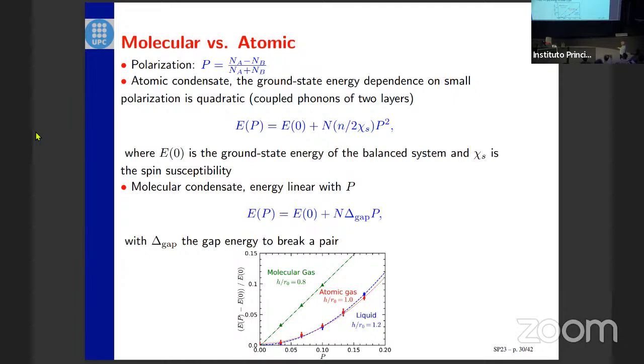When you have a molecular condensate, as you have a bound state, the energy grows linearly with the polarization, and you can distinguish by calculating the energy. In a molecular gas, you have these dimers, and the energy grows linearly with the polarization. That's funny. But when you have a liquid or an atomic gas, you see this is quadratic, which is what normally happens if you don't have dimers.